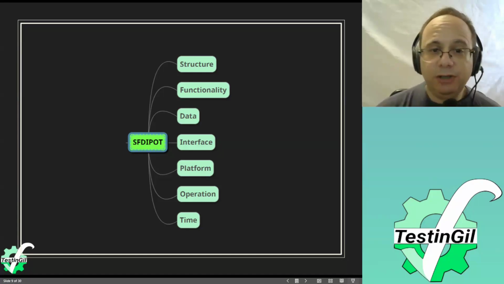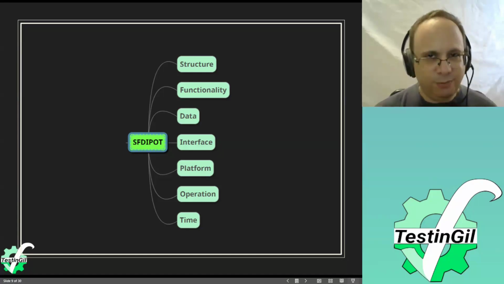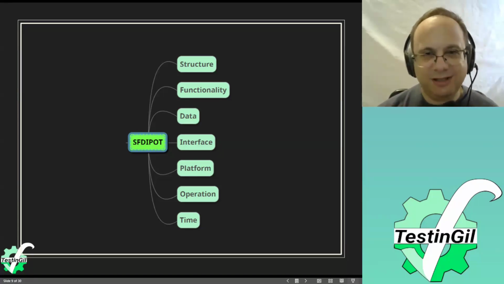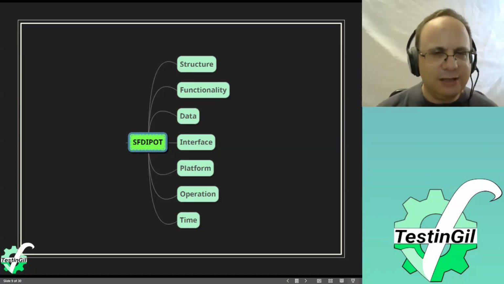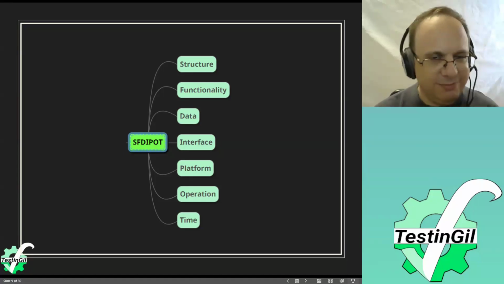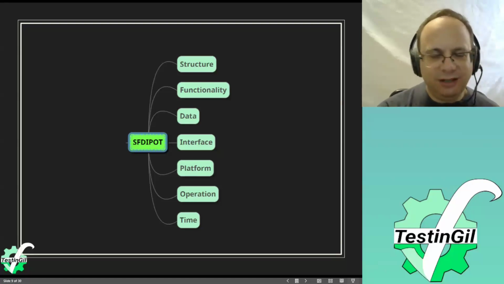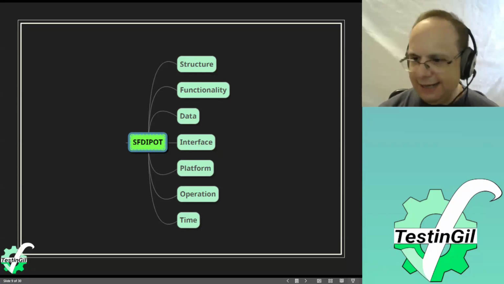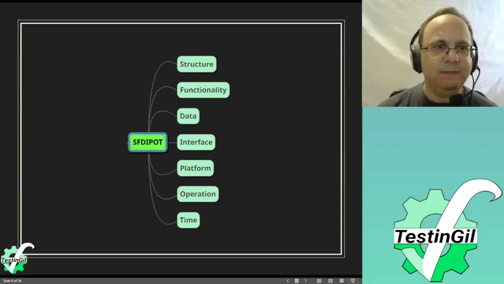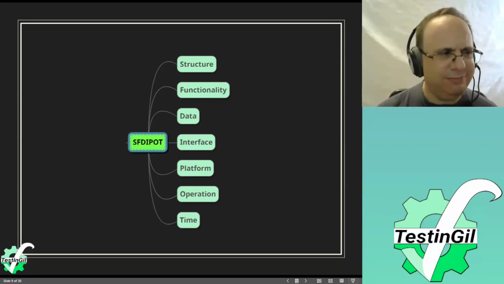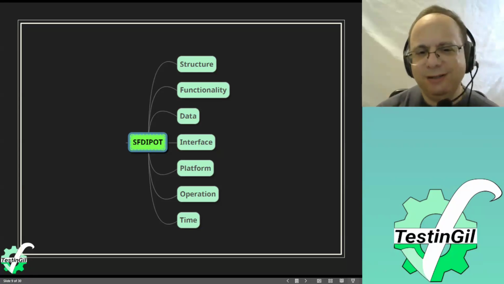And operation, the first thing you probably think about is functionality, but it's not just functionality. Functionality is how the system works, but operation is how we operate it. Just not the same. We'll talk about that as well. And time is everything related to time, frequency, concurrency. I come up with a lot of ideas about this.